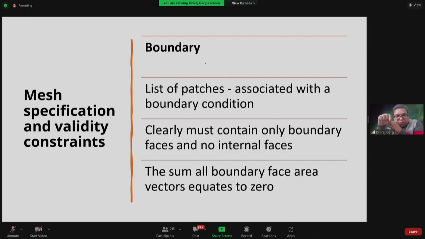To ensure that all external surfaces have been patched with a boundary, the sum of all boundary face area vectors should equal 0. This condition ensures that you have not left any space which has not been given any boundary condition. This is a mathematical way to ensure that all spaces are properly given the boundary condition.